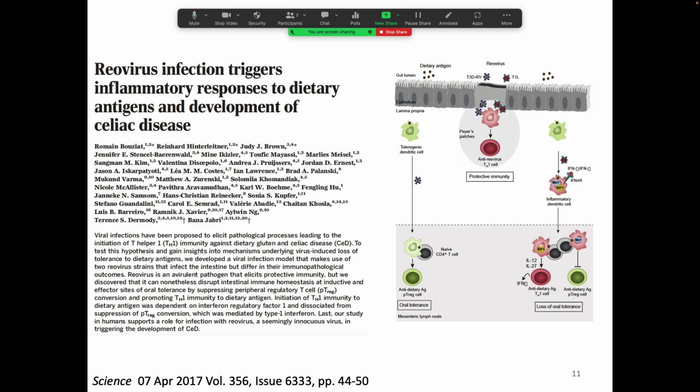And then the next time this person eats that dietary antigen, we don't have Tregs around to turn off responses. We have Th1 cells around. And those Th1 cells are going to come in and they're going to start damaging the GI tract. All because the wrong cytokines were there on that wrong day.